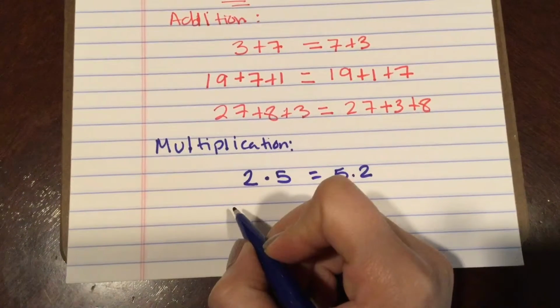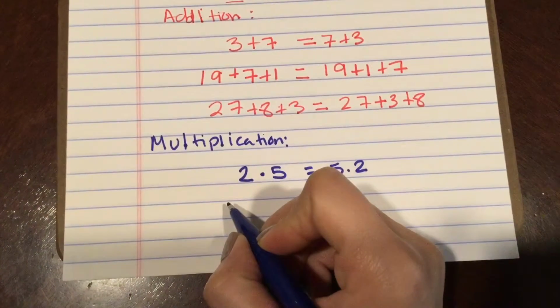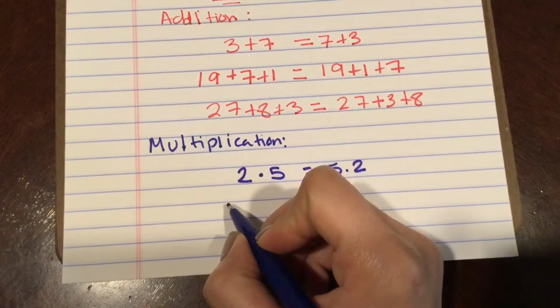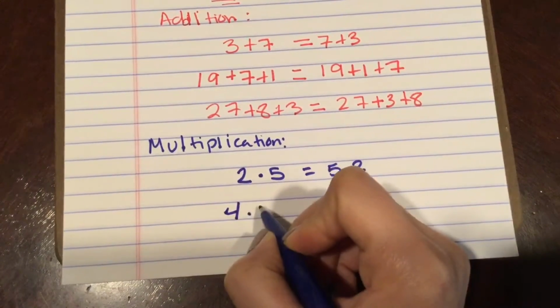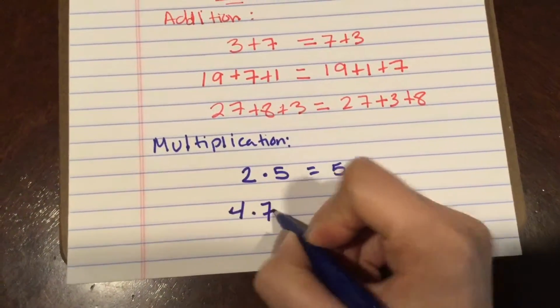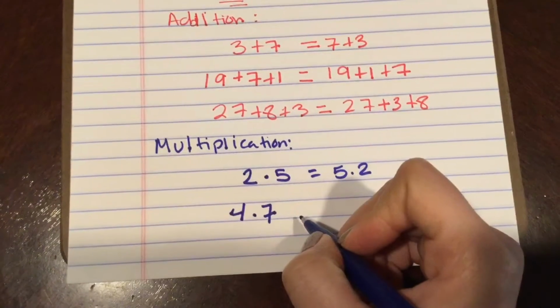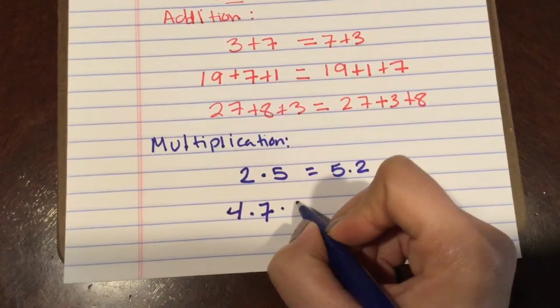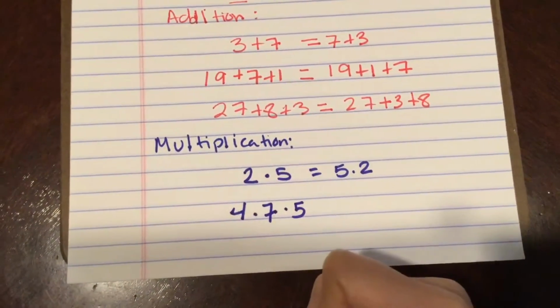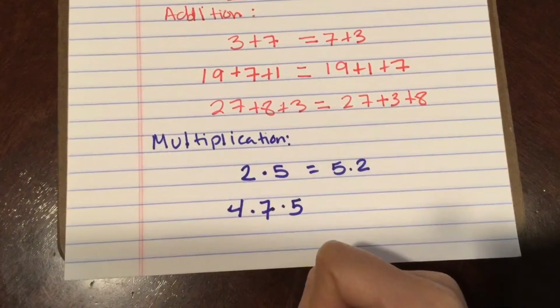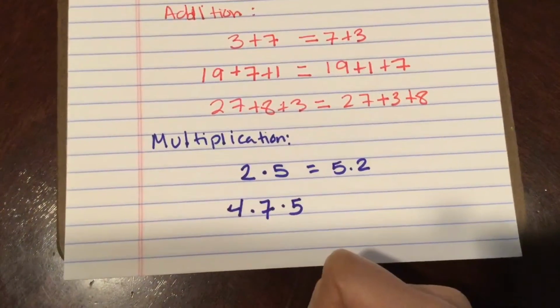Okay, let's think of an easy, let's see. What if I ask you to do, let's say, 4 times 7. What do you guys get? Okay, now multiply that times 5. What do you think would be an easier thing to do?